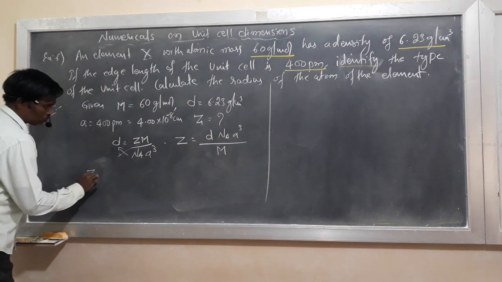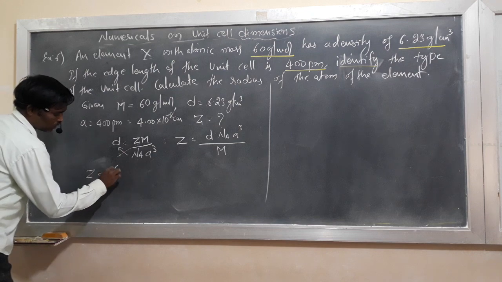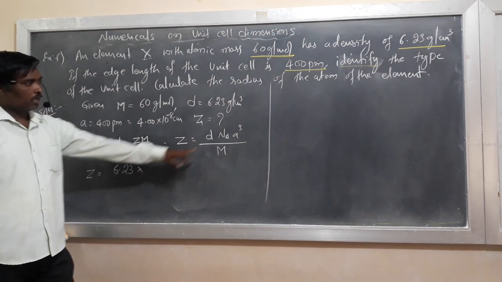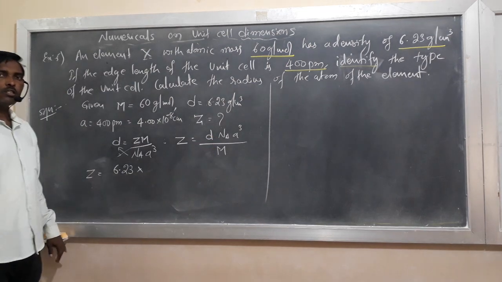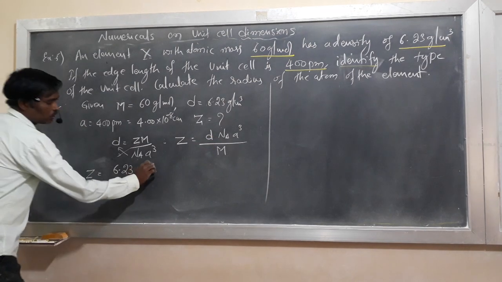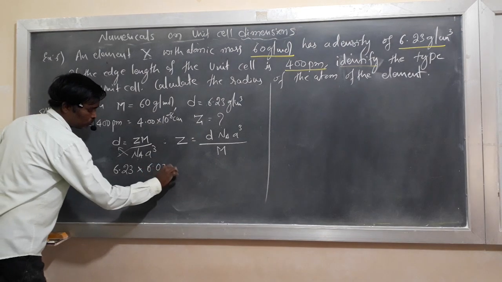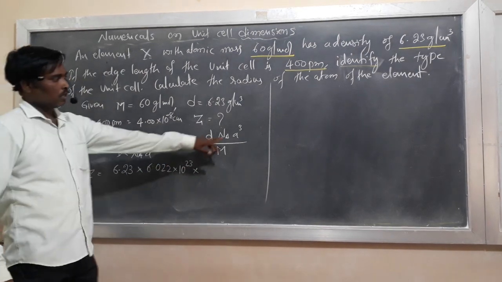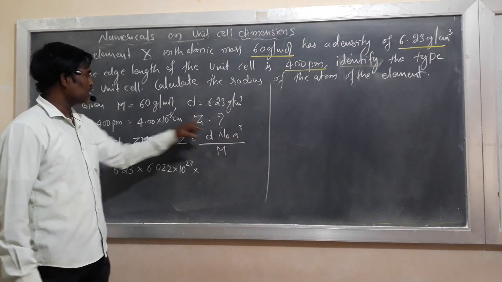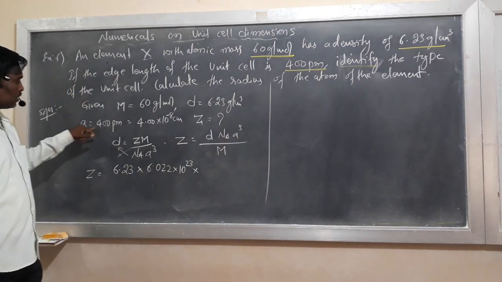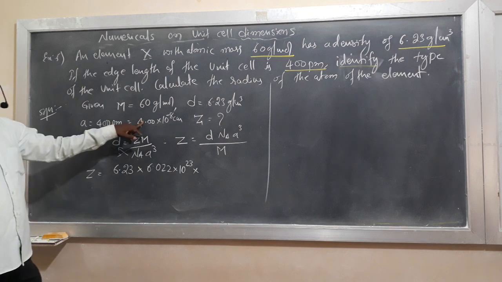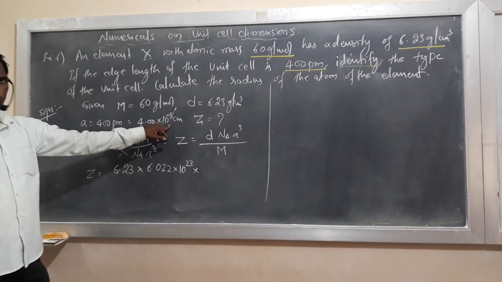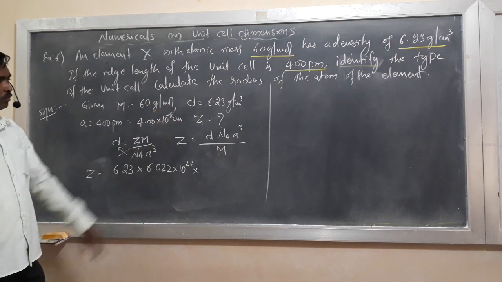Z equals d, 6.23, into NA, the Avogadro's constant, 6.022 into 10 raised to 23, into a cube, where a is the edge length. Edge length is 400 picometers, which we converted into centimeter: 4.00 into 10 raised to minus 8 centimeter.